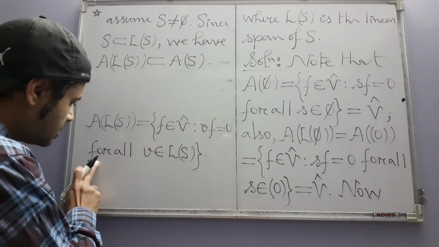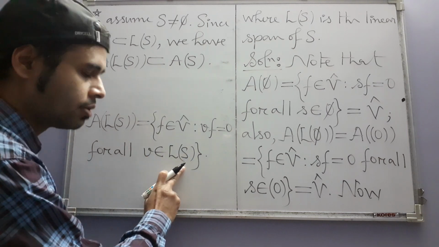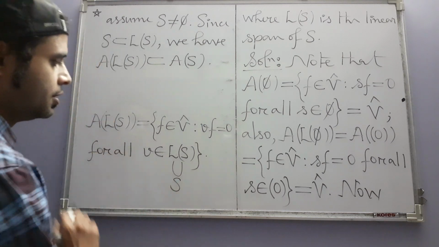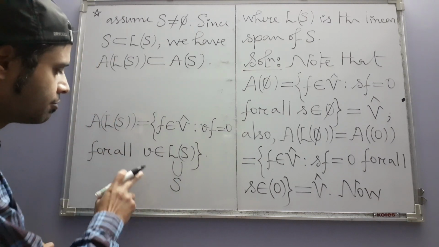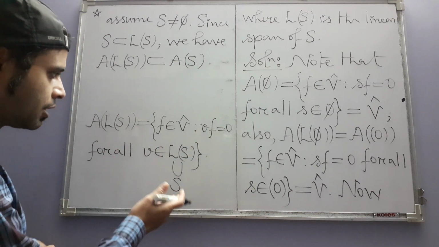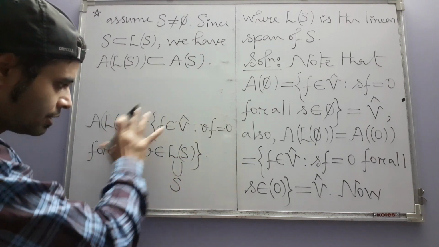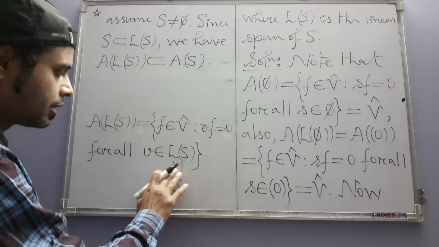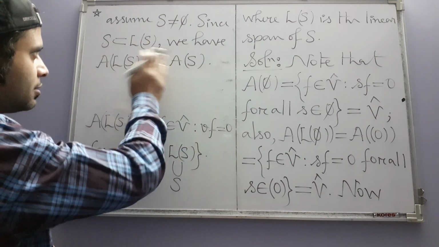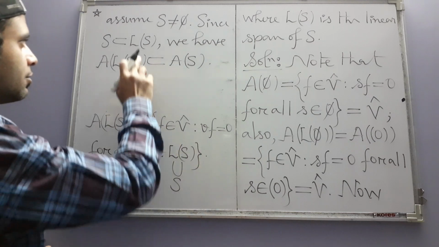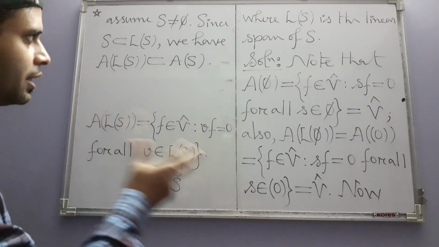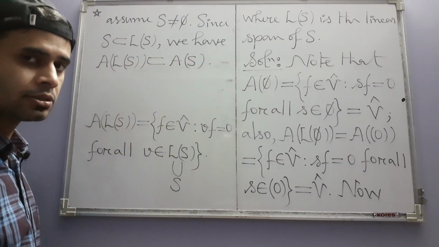So that means this is important, for all v belonging to L of S. Now because S is a part of this L of S, so in particular for all v belonging to S also this will be true. In other words, every such f that belongs to this set also belongs to the annihilator of S, and that is why we are having this, and the containment gets reversed. If you think of it this way, this comes here and this goes there. Now we have to prove that the reverse containment is also true.